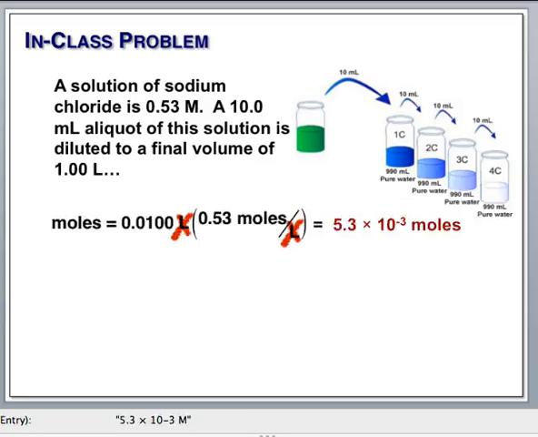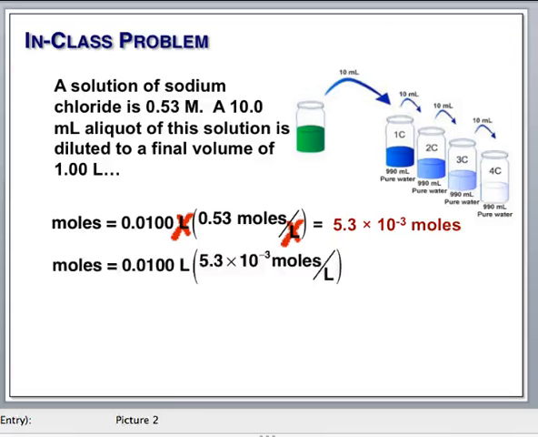We have 5.3 times 10 to the minus 3 moles. Since it's 1 liter, this is 5.3 times 10 to the minus 3 molar.